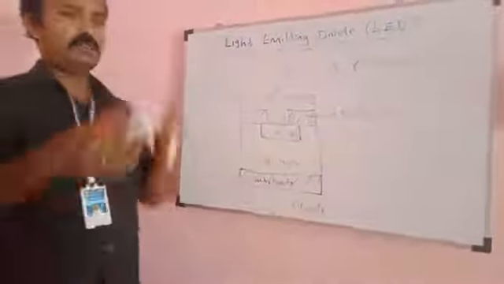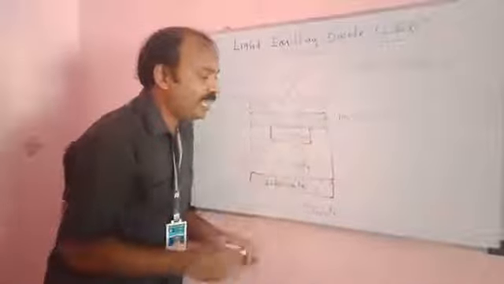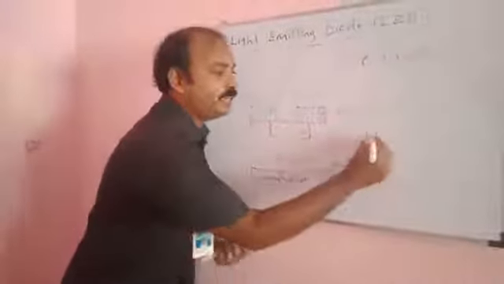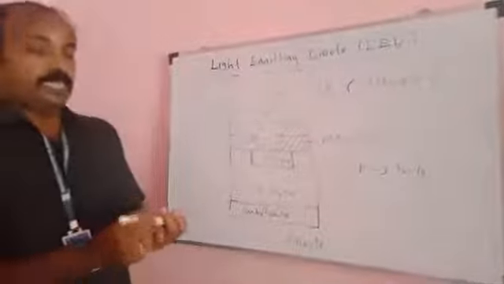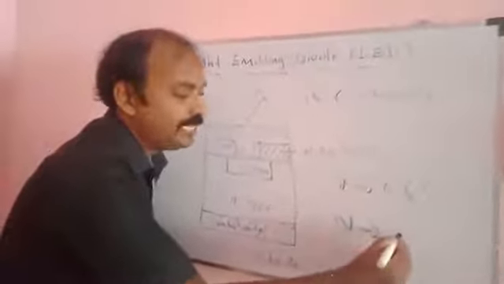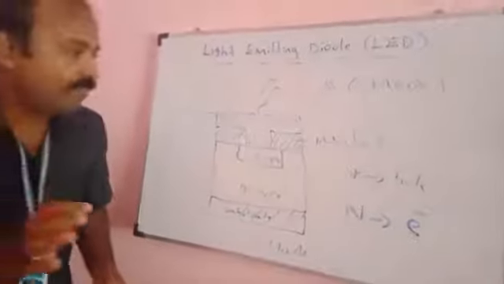So when forward bias is provided, the majority charge carrier of P-type semiconductor is hole. The majority charge carrier of N-type semiconductor is electron. So listen carefully.